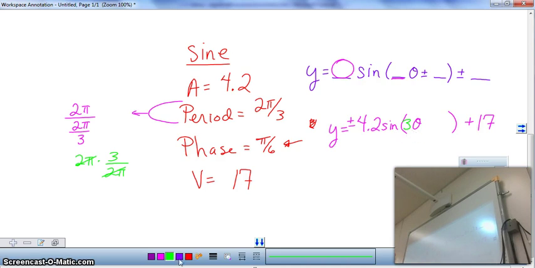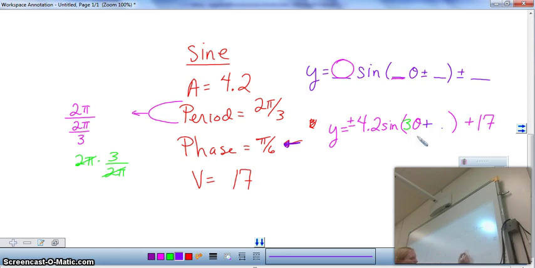Now my phase shift. Right away, it's going to the left. And so most of you will recognize that right away. If it's going to the left, that means it's going to be a plus here, because it's negative. And it's going to the left pi over 6. And remember from the last example, I said that normally we took this number divided by 3. Well, we're going to do the opposite.